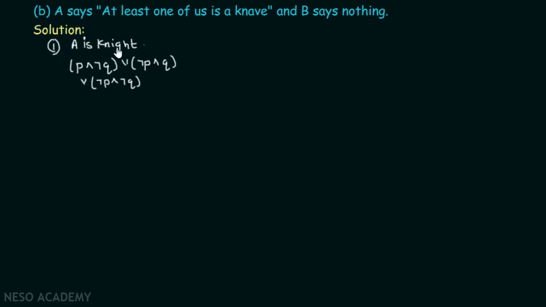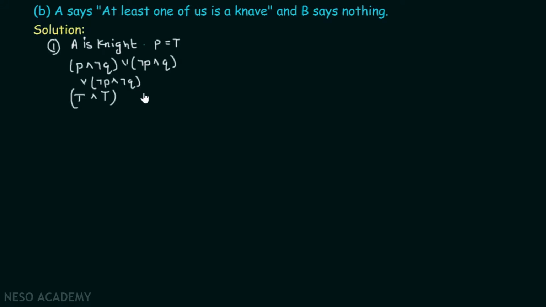As A is knight, which means that P is true. Let's plug in the values. True, and we don't know anything about the Q. Q means B is knight. Now B says nothing, right? In order to make this compound proposition true, we can take not Q true, simply.